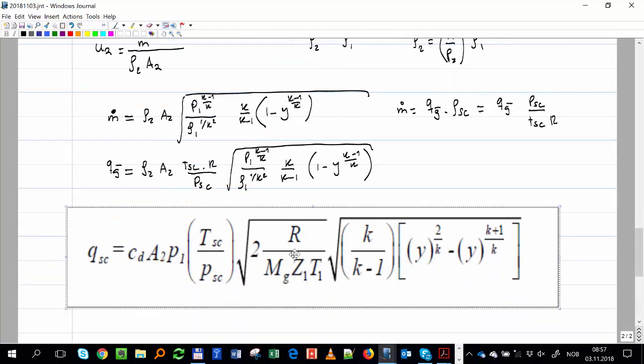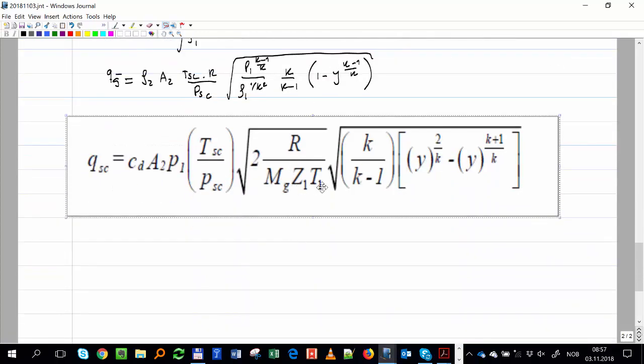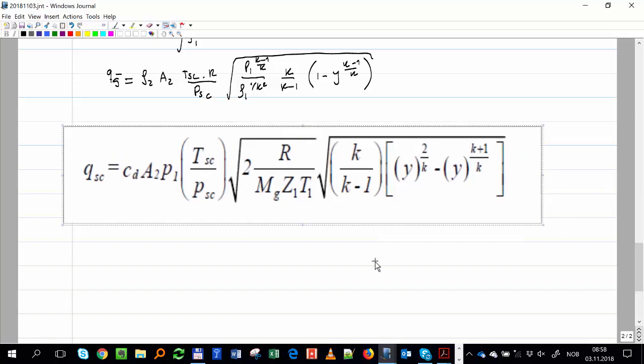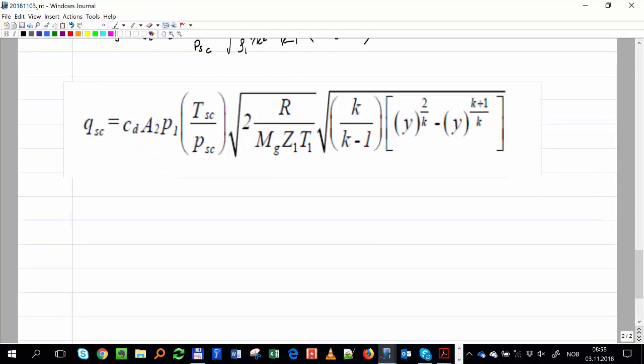So everything is expressed in terms of 1. And at the end I have the area of the throat, and I'm modifying with this CD, which accounts for the vena contracta. So that's the equation of the choke, and that's the equation we are going to use. This equation is valid for the subcritical regime.